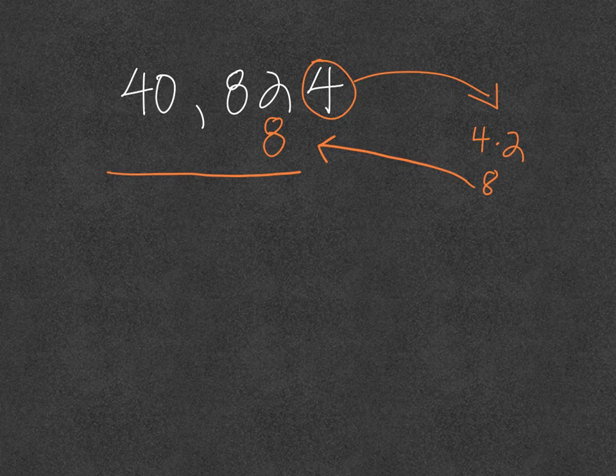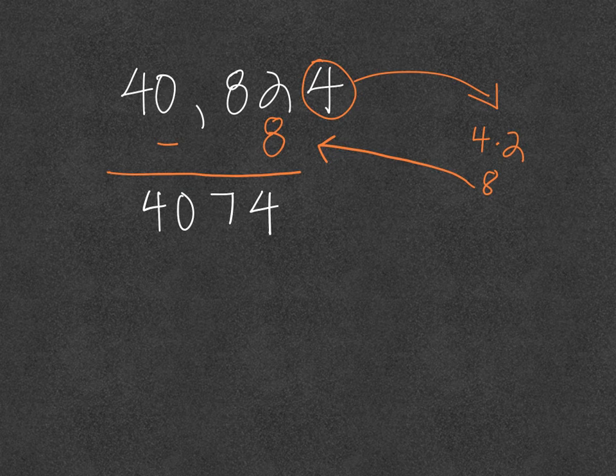So that number you take off to double, it doesn't come back there. Then we subtract 4,082 minus 8. That's going to give us 4,074.